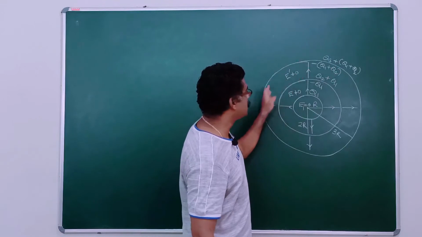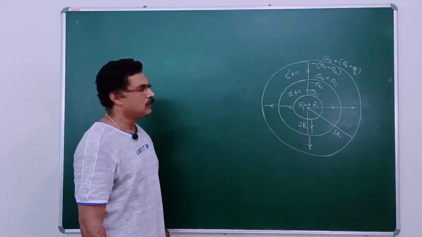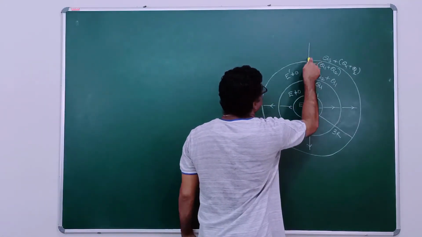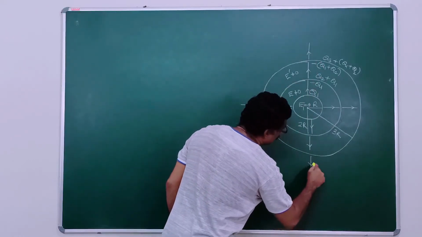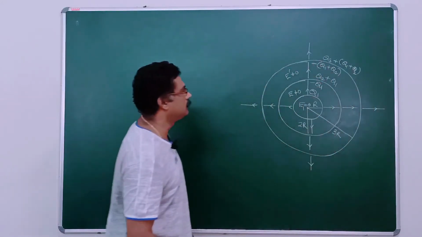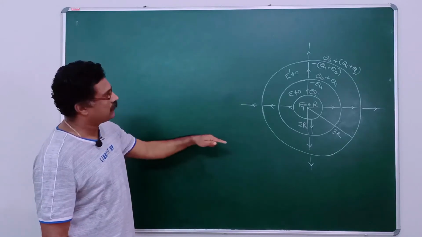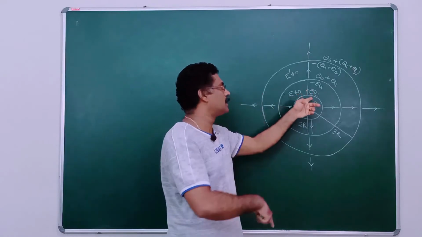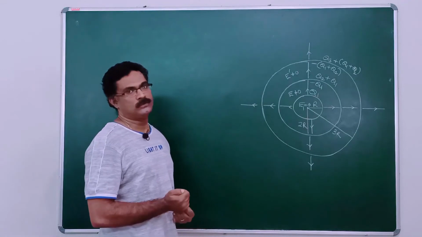So the total charge on the outer surface is Q1 plus Q2 plus Q3. There is an electric field outside also, radially outward if the sum is positive. Here you want to find the ratio of the charges given to the shells, Q1 is to Q2 is to Q3. How can you solve?